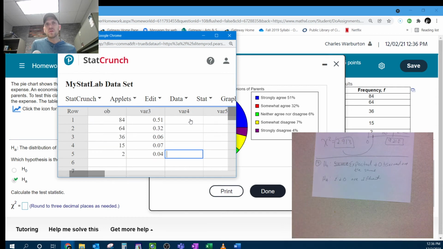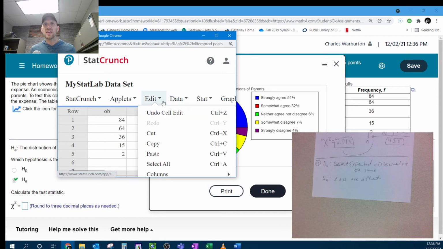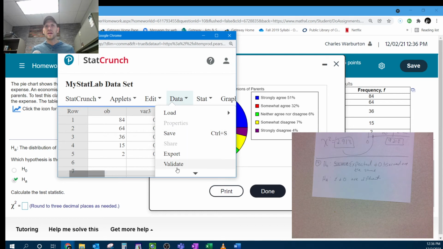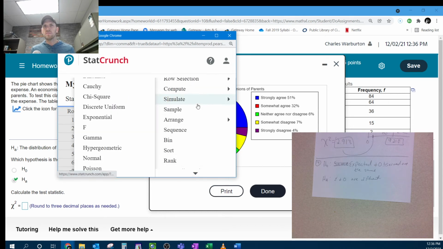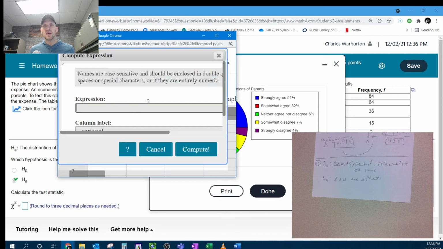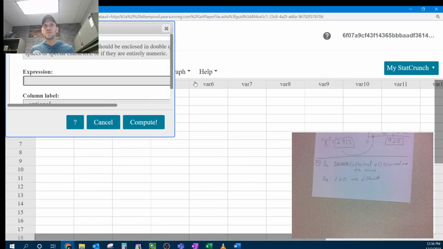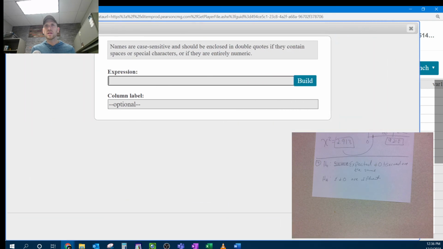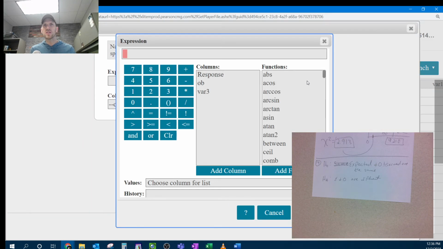And then I'm going to tell StatCrunch, let's take our data and let's make some new data. Let's compute an expression that takes all of my observations and multiplies it times all of the values in variable 3. That was all those decimals.